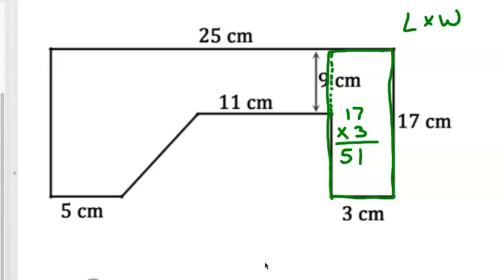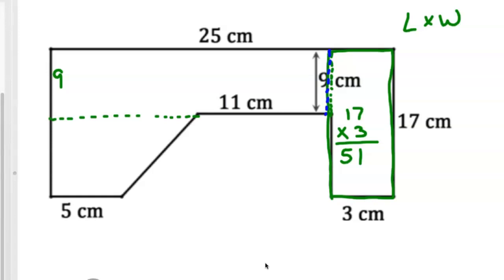The other area, this side over here on the left side, is a little trickier because it looks like a slanted part. So what I'm going to do is cut that complex looking part off, because then we've got another rectangle. And we know that this side has to be 9. Let's change colors.